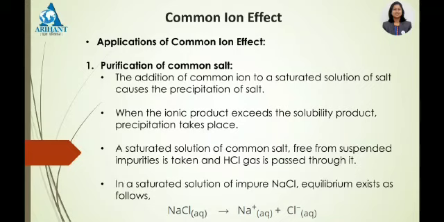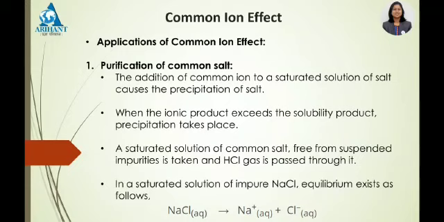First, in the purification of common salt. The addition of common ion to a saturated solution of salt causes the precipitation of salt. When the ionic product exceeds the solubility product, precipitation takes place.